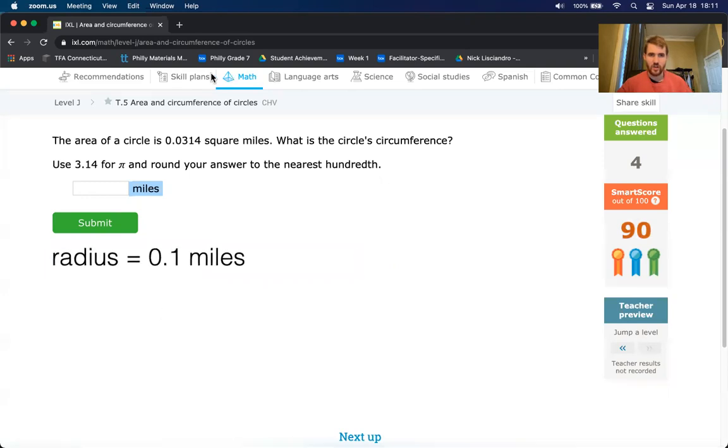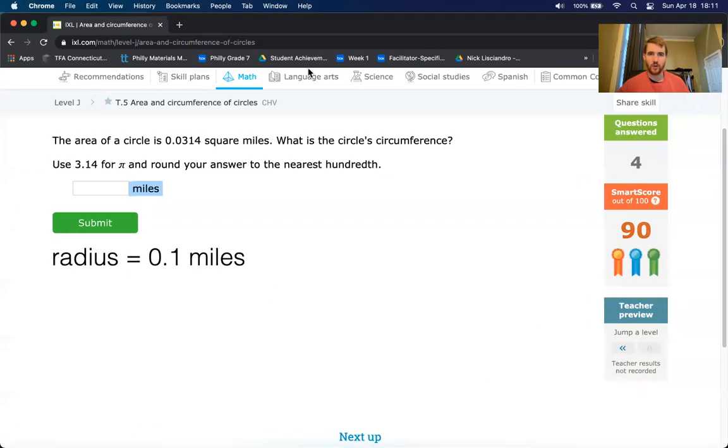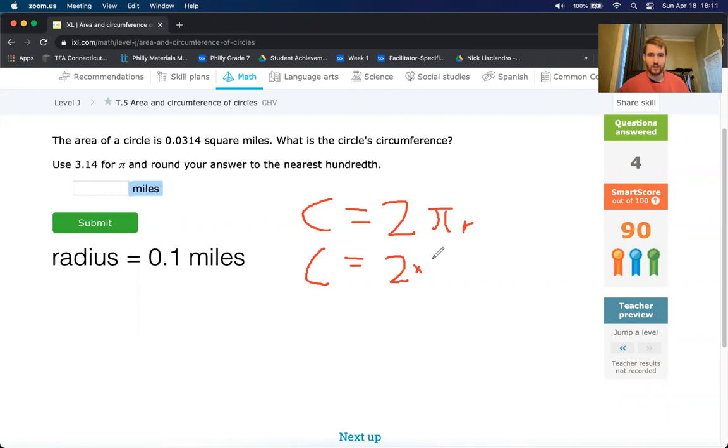So let's check our notes. Circumference equals 2 times pi times r. So we're going to use that formula. C equals 2 pi r. We don't know what C is. That's what we're trying to figure out. We do know that 2 is just 2. We do know that we use 3.14 for pi. If you forgot, it was right here.